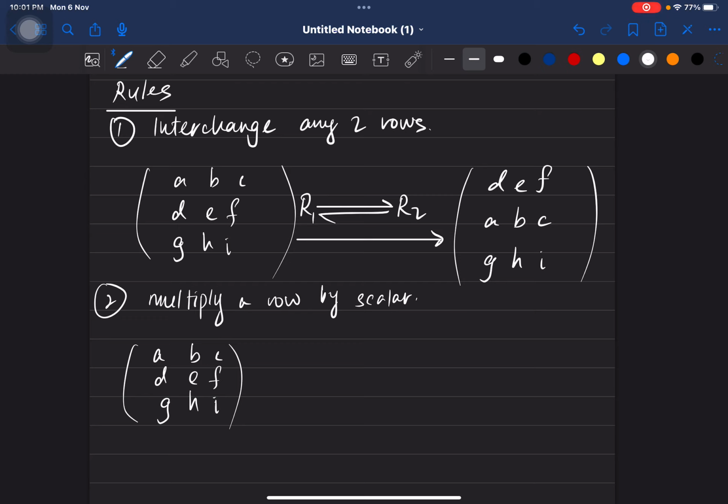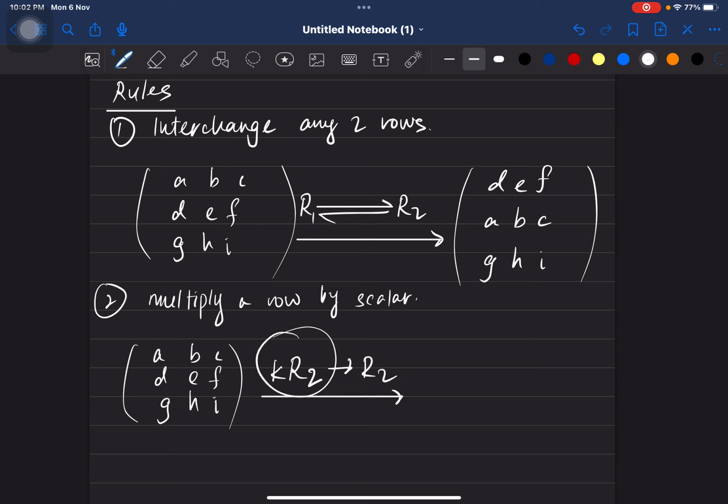You can multiply just a row with a specific number that you want. So what we'll write is, let's say a constant k multiplied by row 2 for the change of row 2. This is how we write it.